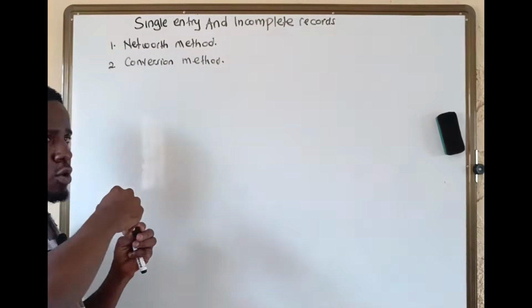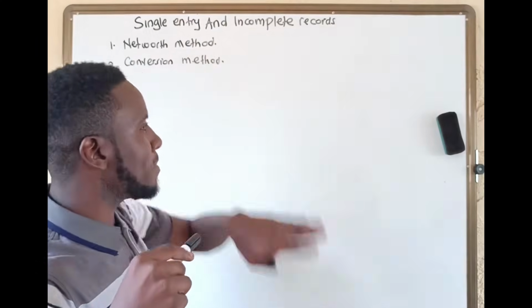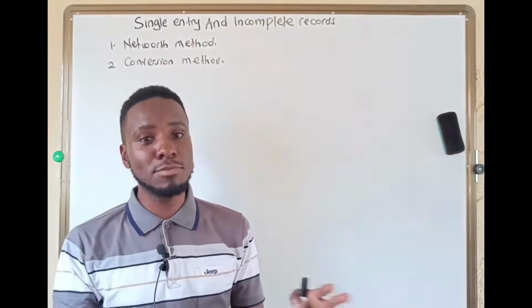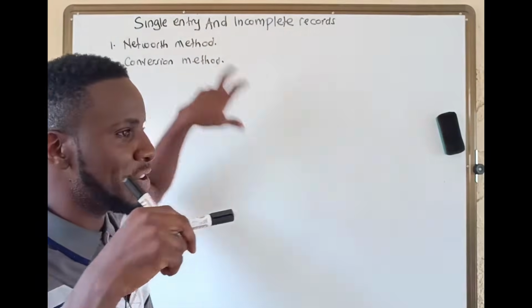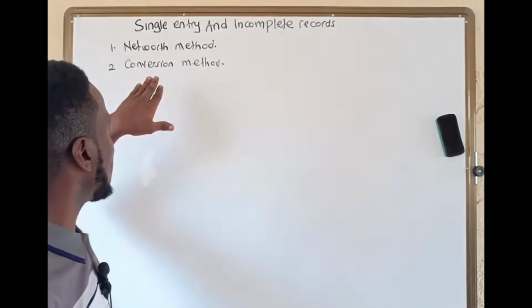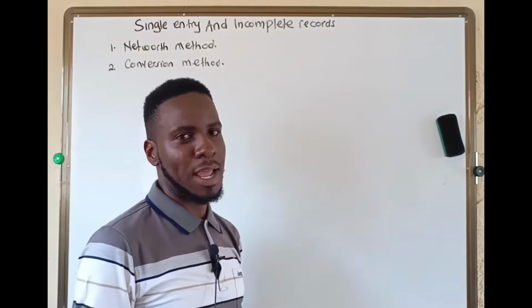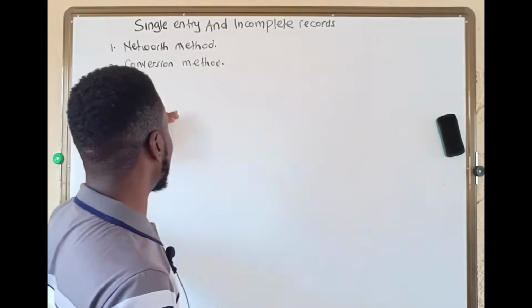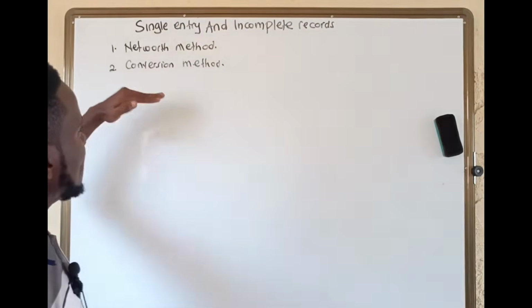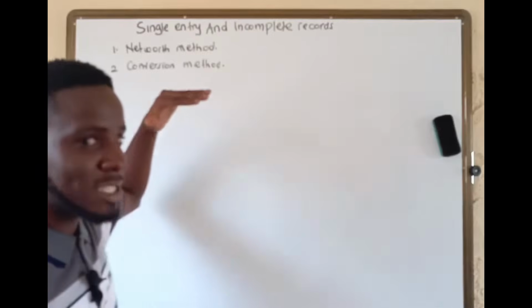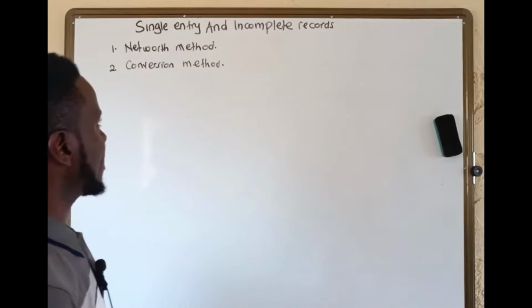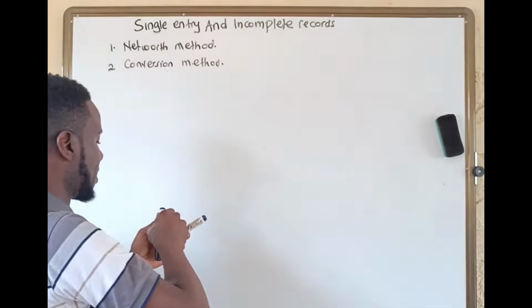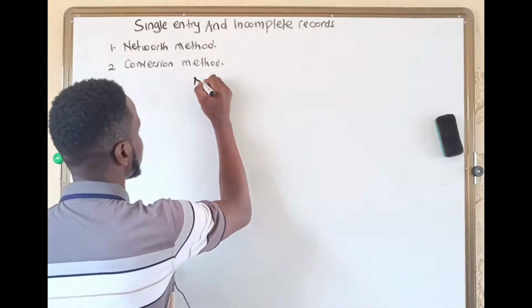Now, when it comes to the net worth method, very many times, in certain books, you see that they call the net worth method single entry, and they call the conversion method incomplete records. But I would like to take it the way it is, because even the conversion method is still single entry. So we are going to look at the net worth method. Let us start with our net worth method.